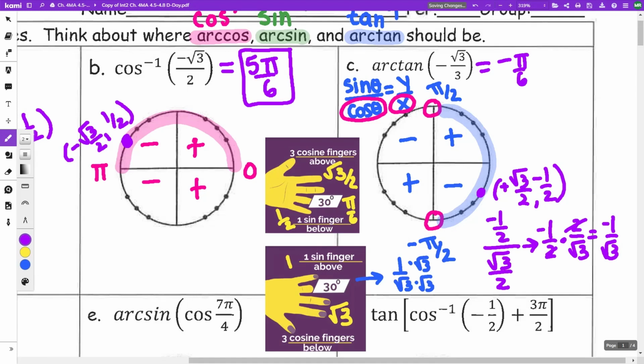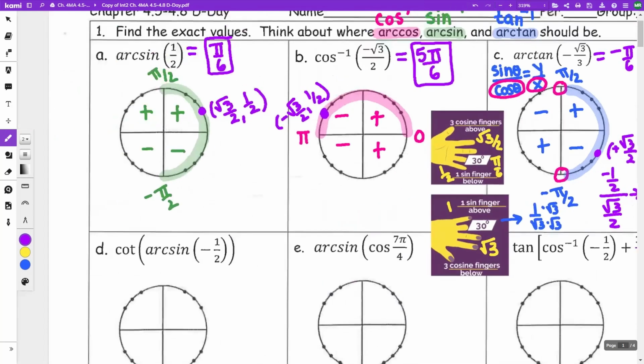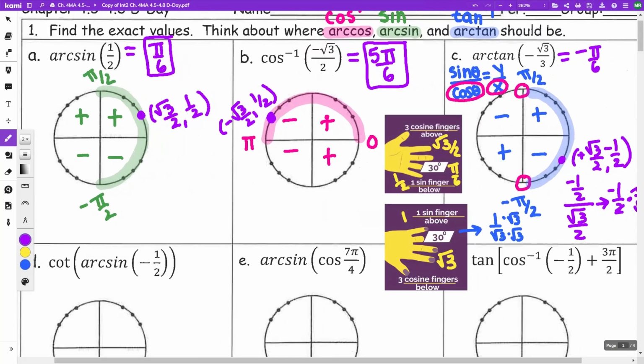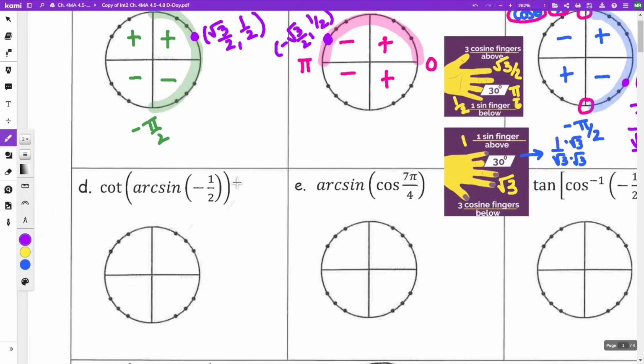Okay, so I wanted to spend a little more time explaining these three situations: arc sine, cosine inverse, which is an arc cosine, and arc tan, so that we understand that we're looking in three different situations, three different spots. Okay, so let's move a little faster through these other ones.